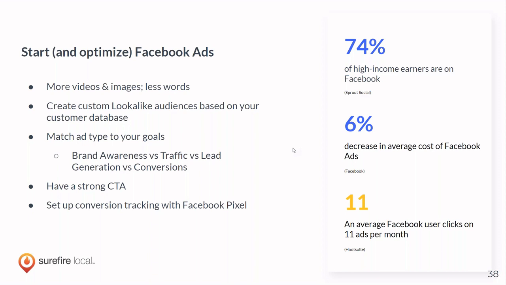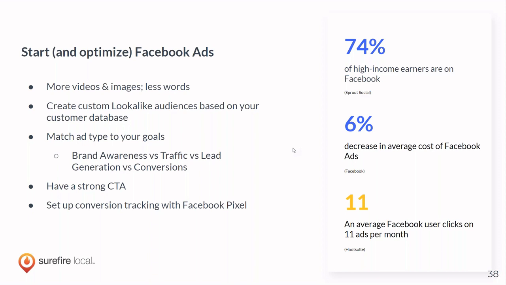What makes Facebook ads a little bit more impactful, in my humble opinion, is the increased use of content such as video and images, with fewer words. You can create custom lookalike audiences based on your customer profile. The demographics it's targeting are based on the individual Facebook profiles and the information contained therein.